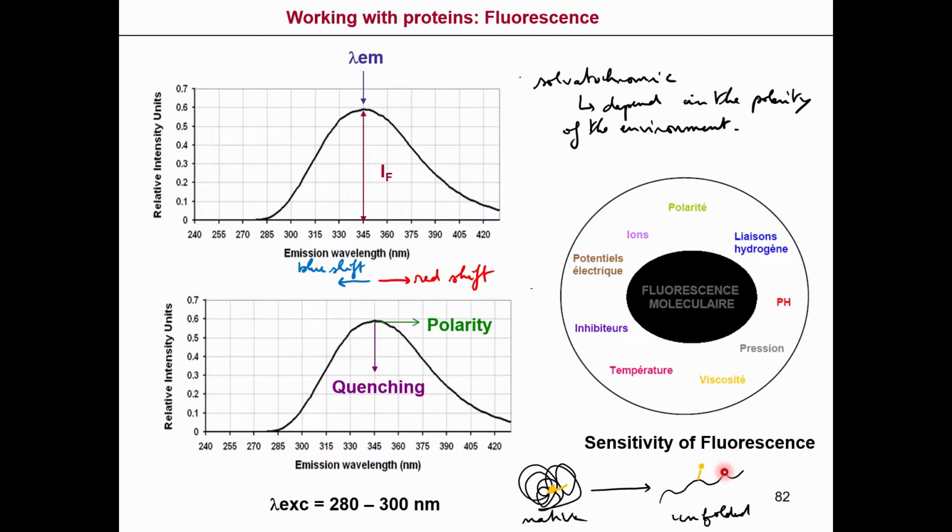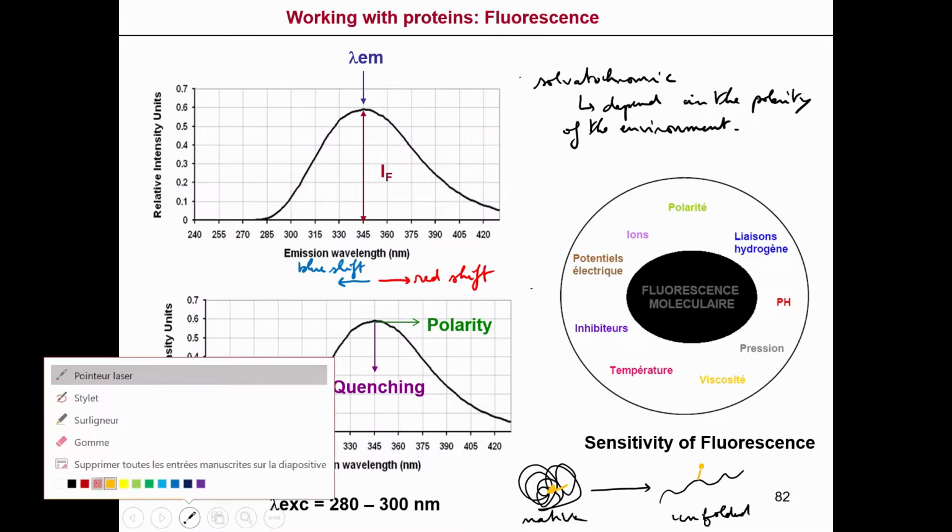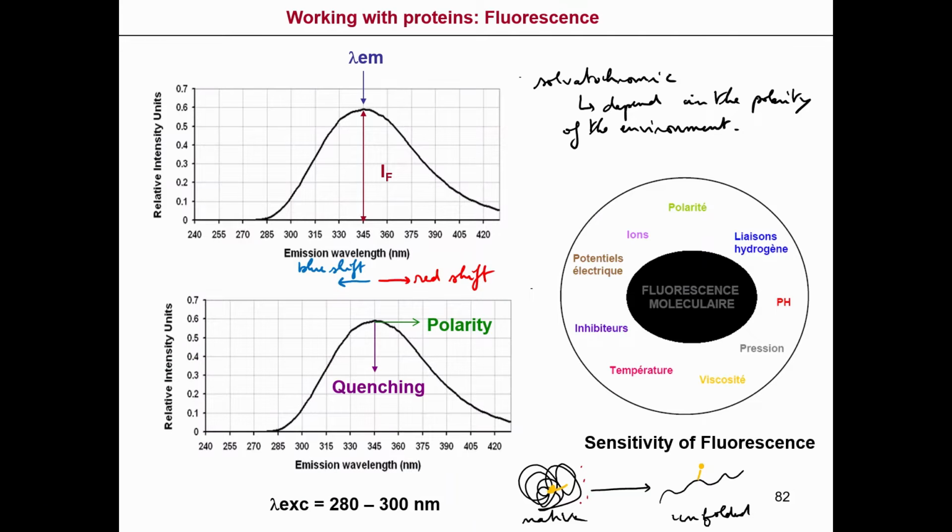Can you repeat the part when the protein is unfolded and it becomes more polar? Okay. So here, when it's native, you have the red plot. I drew that. It's water, okay? So it means that the tryptophan in orange is not surrounded by water, correct?